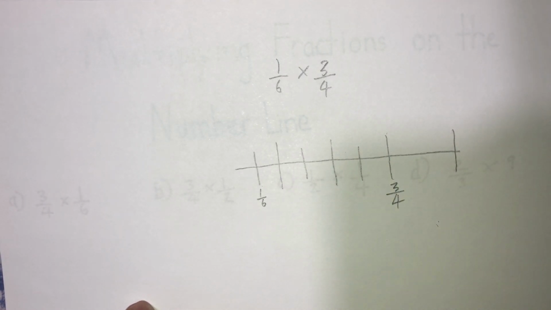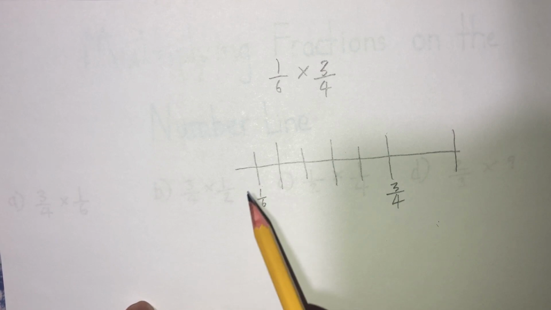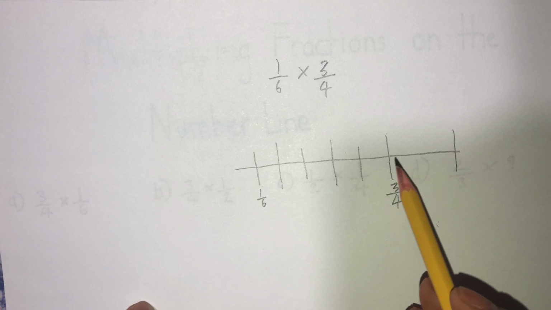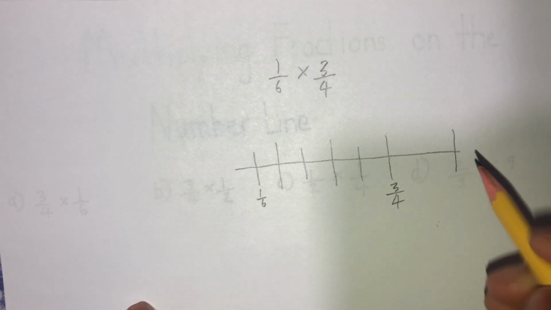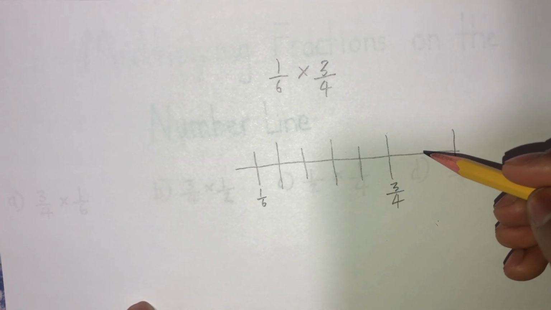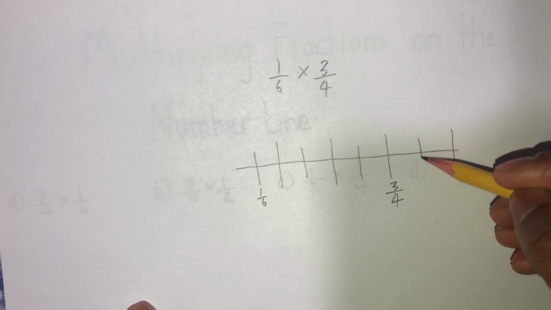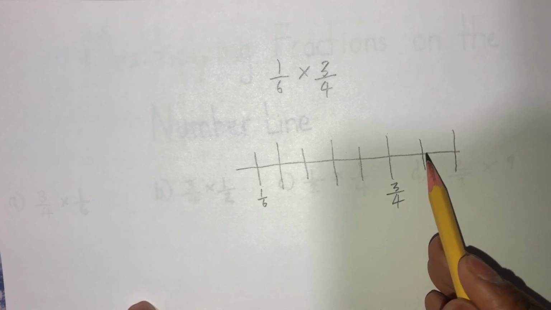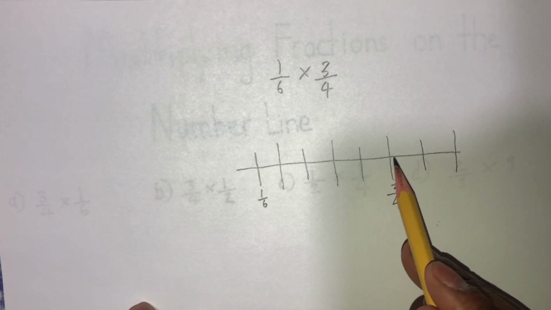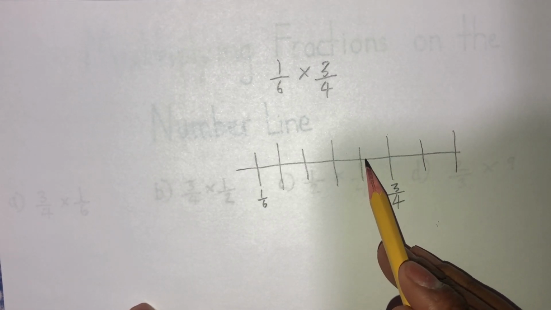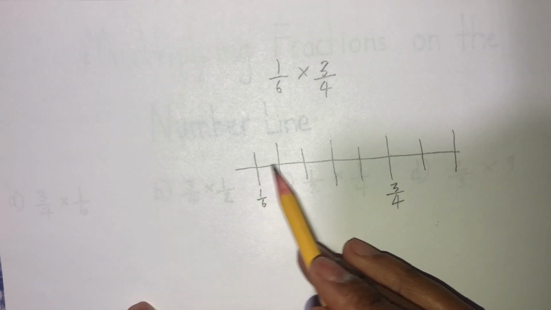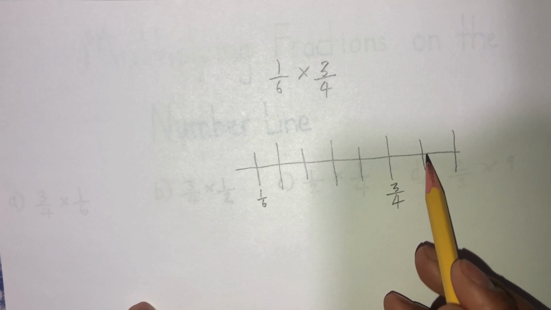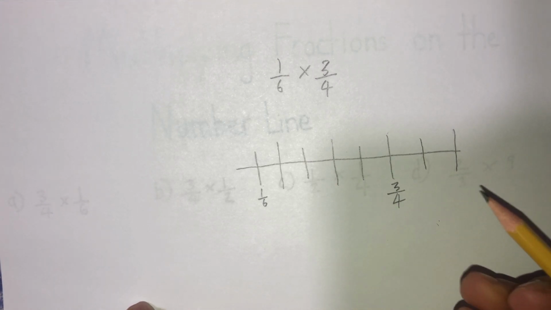Good. So now that we have identified 1/6, we're going to divide the other parts that come after 3/4. So we have just one part that comes after 3/4. So we add the same stroke that we add on this side, we add it on the other side of the 3/4.